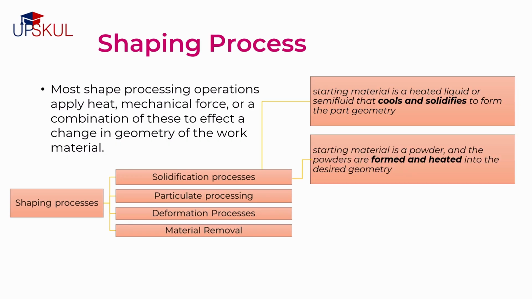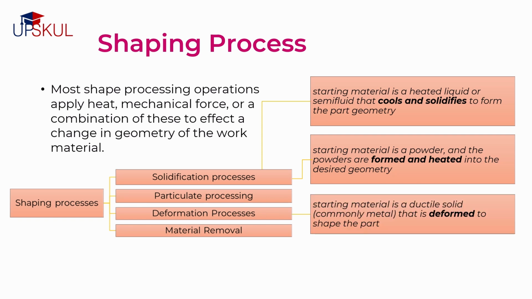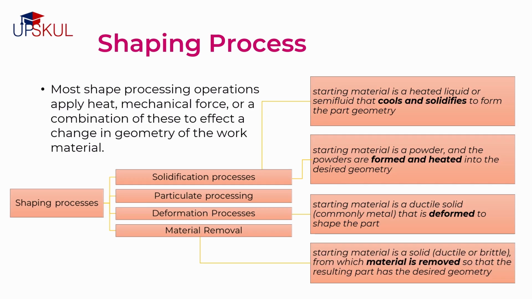Second, particulate processing, in which starting material is a powder and the powders are formed and heated into the desired geometry. Third, deformation process, in which the starting material is a ductile solid that is deformed to shape the part, and finally material removal processes in which the starting material is a solid from which material is removed so that the resulting part has the desired geometry.